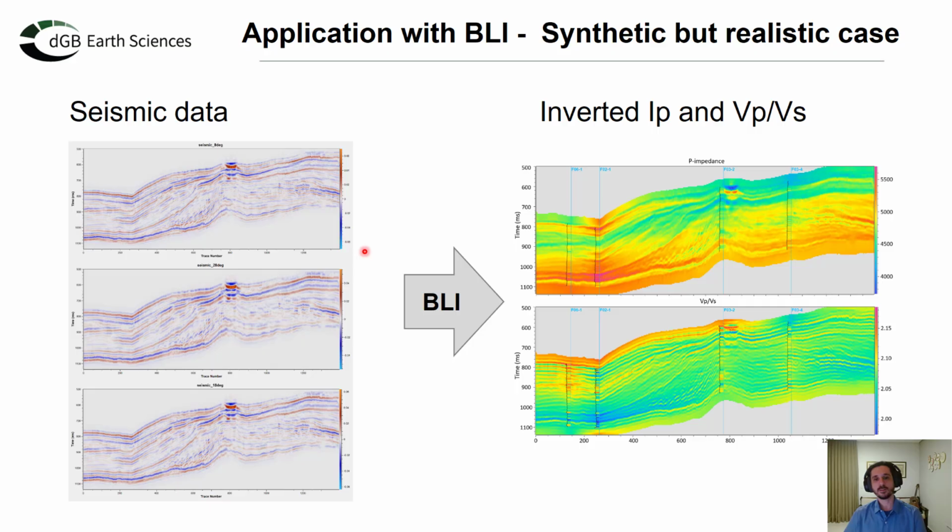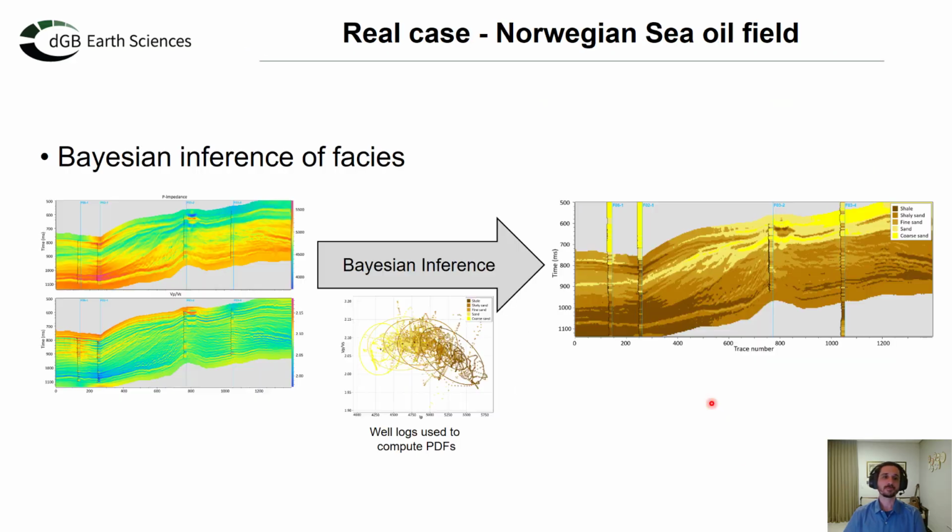So, based on this model, we define this synthetic data based on F3. So it's synthetic, but it's a very realistic case. Here we have the synthetic seismic data, near, mid, and far. Again, we applied Bayesian Linearized Inversion to estimate the P-impedance and Vp-Vs ratio.